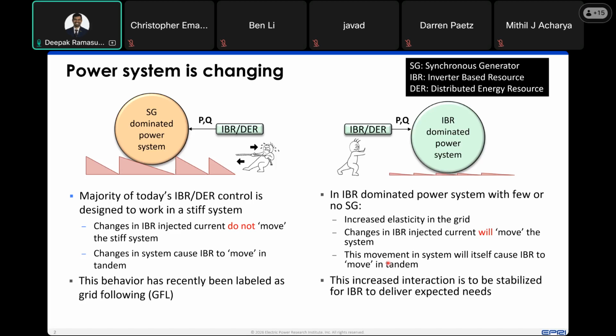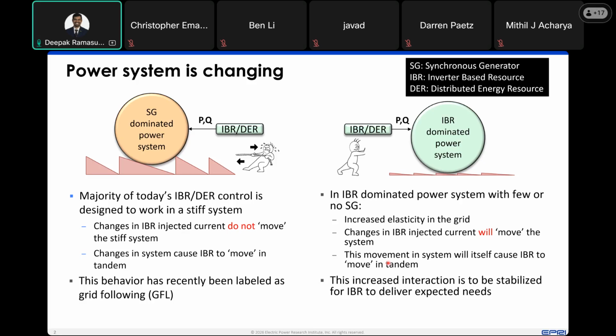So this kind of interaction, we do want it to be stabilized, because as you have more and more inverter-based resources coming into the network, we want to try to have a more stiff system. We want to have more control on the way in which we have our currents being injected into the network. And in order to do that, we do need the inverter-based resources to provide some kind of capability or services into the system.